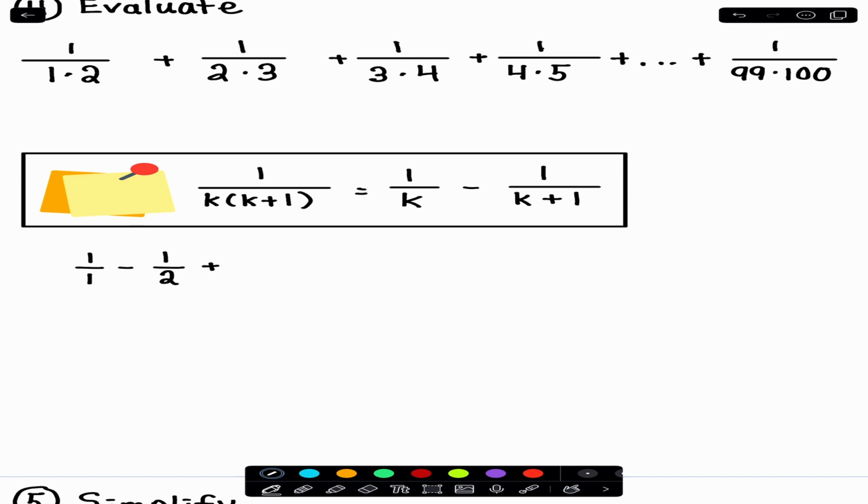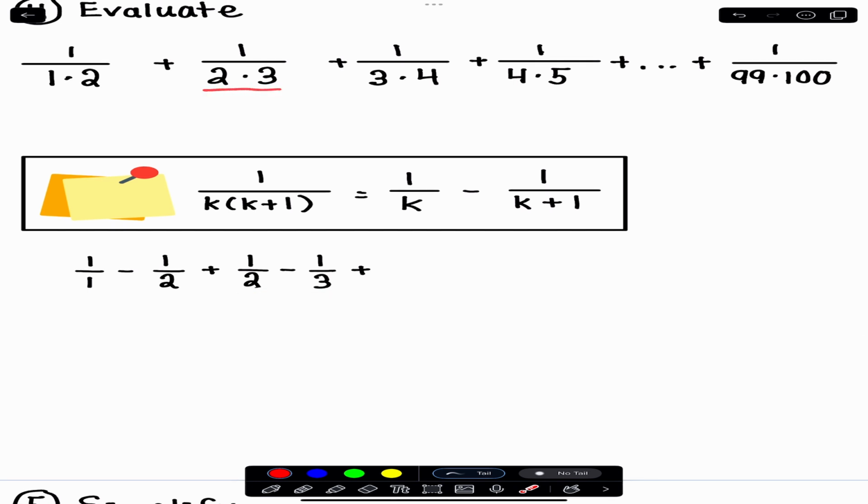This time our k is 2, so we can rewrite that as 1 over 2 minus 1 over 3. And you can verify for yourself that this 1 over 2 minus 1 over 3 actually does equal this. The next term would be 1 over 3 minus 1 over 4, and I think you see where this is going, because it actually is a sums and differences problem just in disguise.